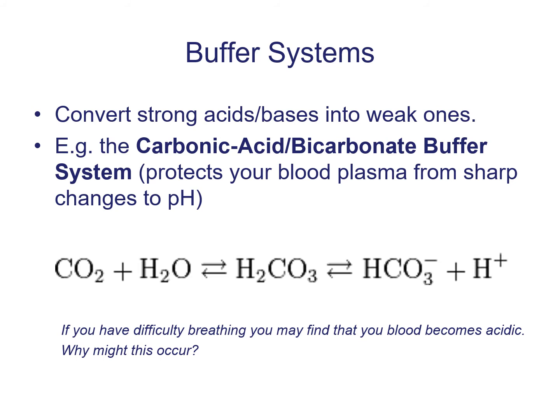So let's say you have a lot of free hydrogen protons in your blood. And you can see that on the left-hand side of this equation. What's going to happen is that is going to combine with bicarbonate to produce carbonic acid. And the carbonic acid is then going to be broken down into water and carbon dioxide.